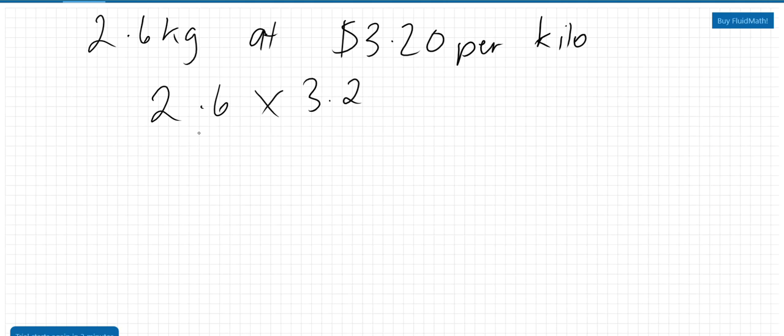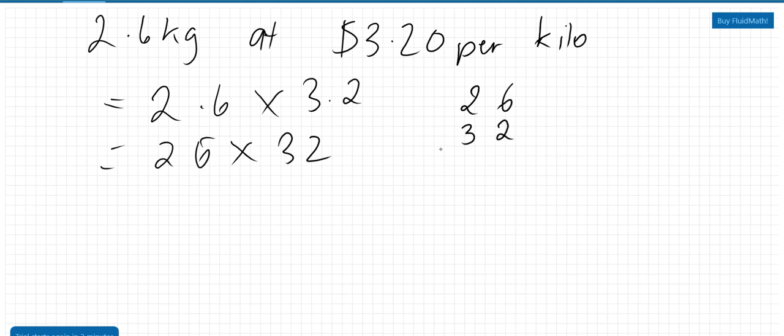So ignore the decimals. So I end up with 26 times 32. So you can see our multiplying with decimal skills are coming into this. So 26 times 32, I will do it as an algorithm. You might be able to do it mentally, that's fine. So 2 times 6 is 12, put the 2 down and carry the 1. 2 times 2 is 4, plus 1 is 5.